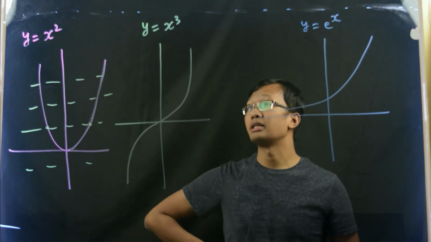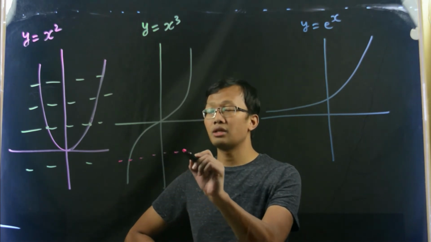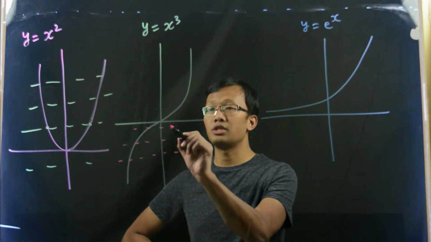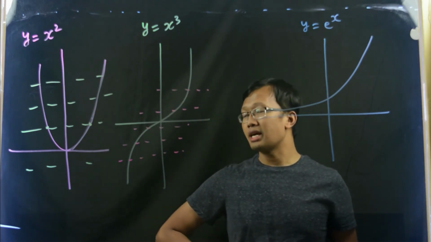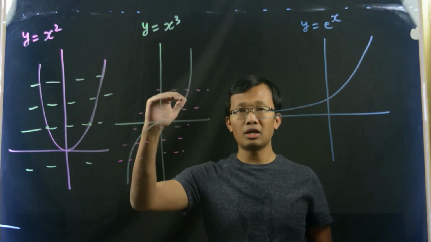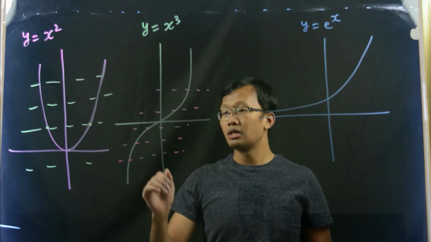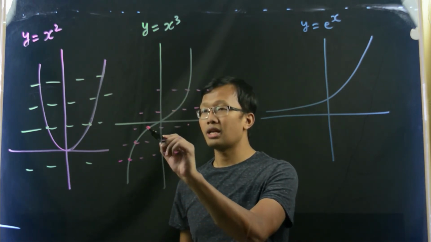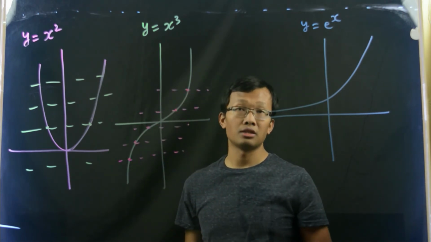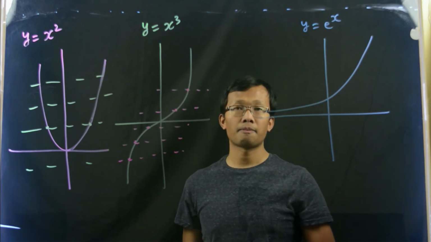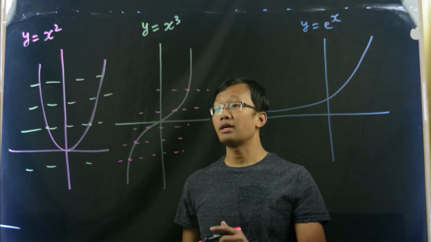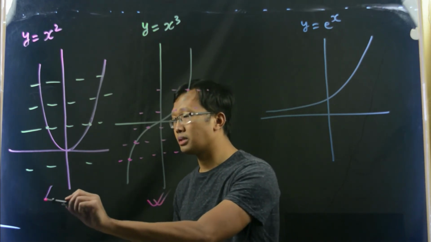Similarly, here let's draw several horizontal lines across this cubic curve y = x³. No matter how many horizontal lines we draw, these horizontal lines intersect the graph of the function in just one point. So that's why this is one-to-one. However, the previous one is not one-to-one.